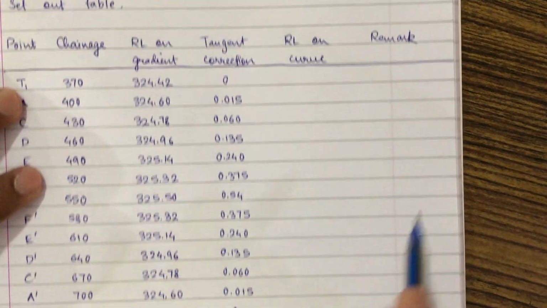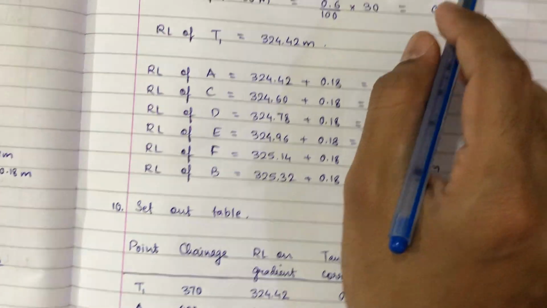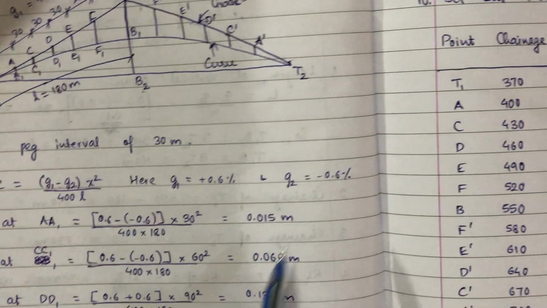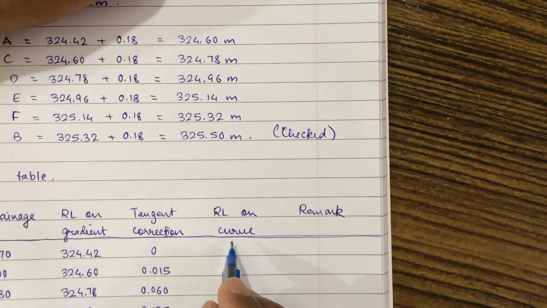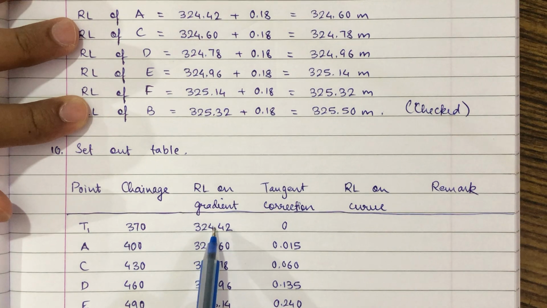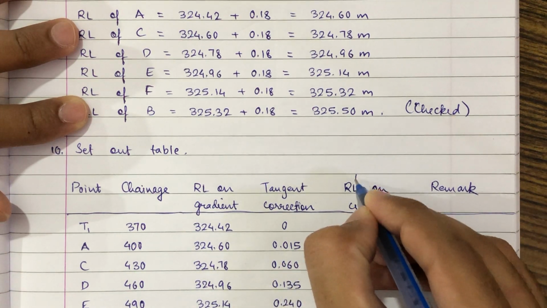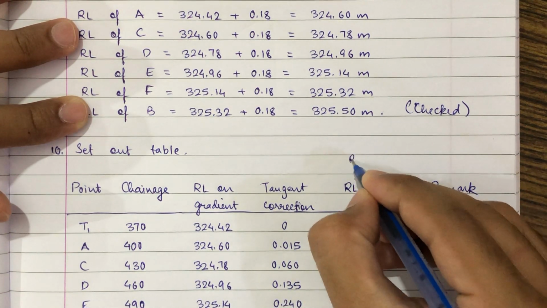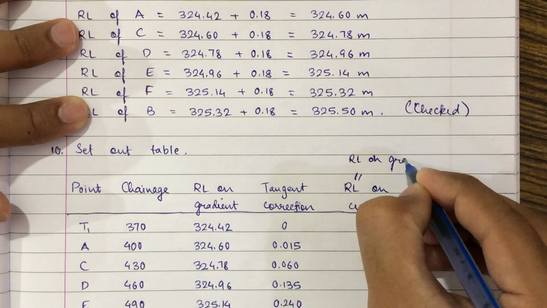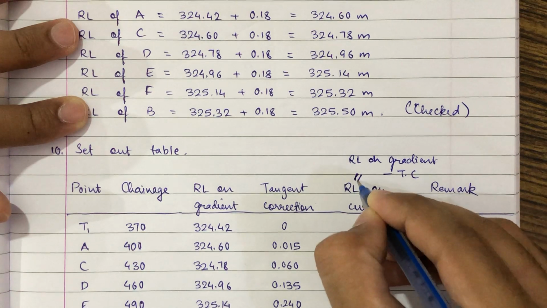Now as this tangent correction has come out to be positive, all the values of the tangent correction are positive. So for RL on curve, we will have to subtract the tangent correction from the RL on gradient. RL on curve will be equal to RL on gradient minus tangent correction.